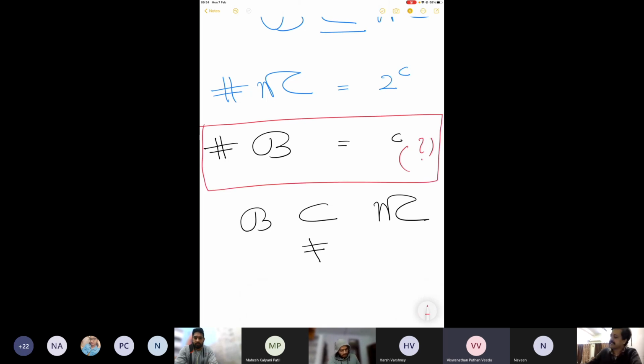I will give you intuitively how it follows. What is B? The sigma algebra containing open sets. And in the reals, open sets are countable unions of disjoint open intervals.